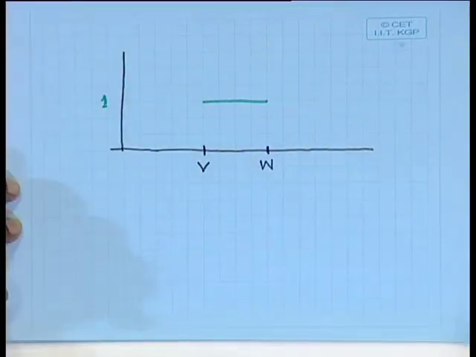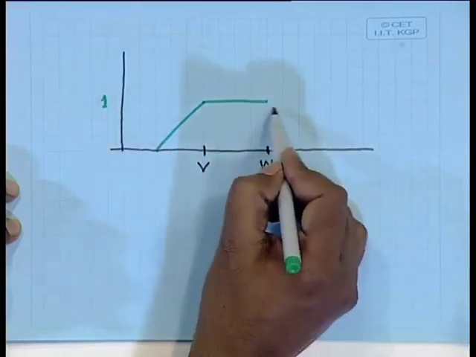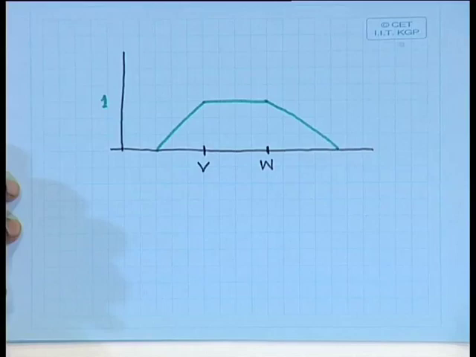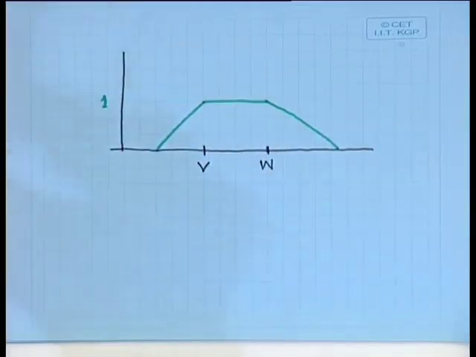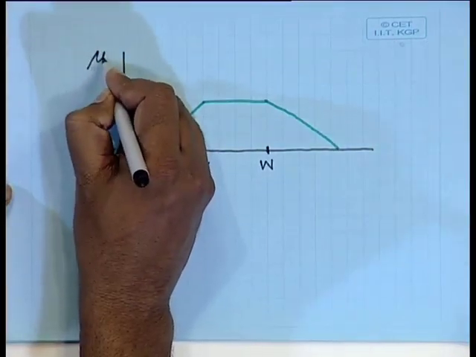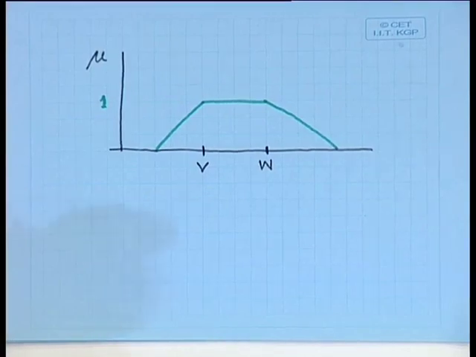And beyond the mean point and max point, the membership value has to be reduced, something like this. On this axis I have the membership value, and the fuzzy membership value is usually represented by mu. That is what is conventionally used.